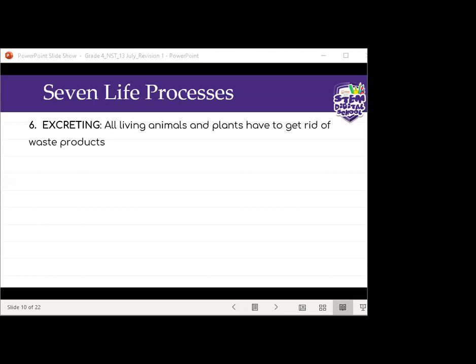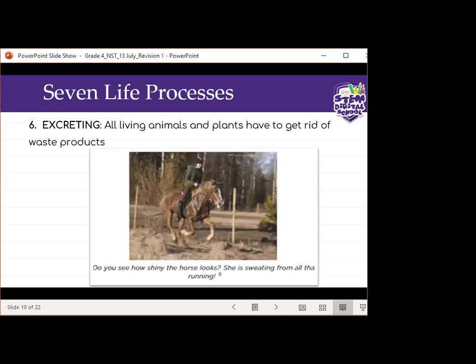So guys, we also have another example here where we see the horse. It says that she is sweating from all the running. Another point in terms of excretion is that there are special organs in the body which help us to get rid of waste.